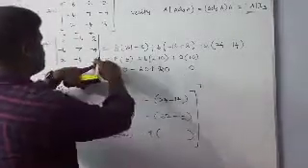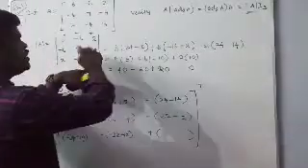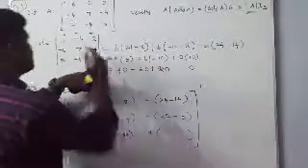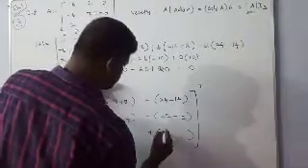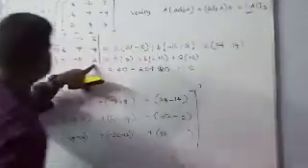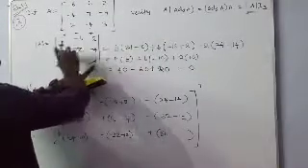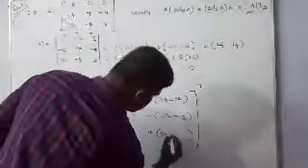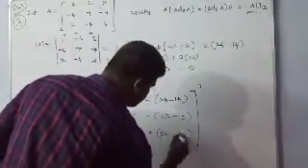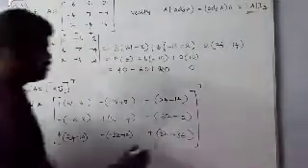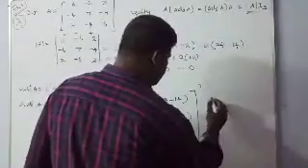And one more thing, 3, leave this row, this column and this row. What is the value? 56 and minus 36, minus 36. Now we have to simplify this value.